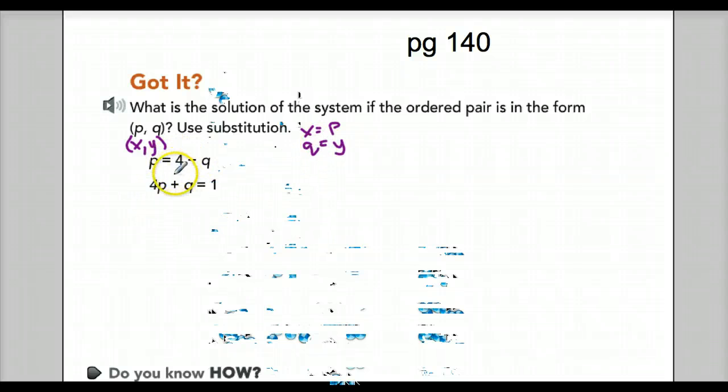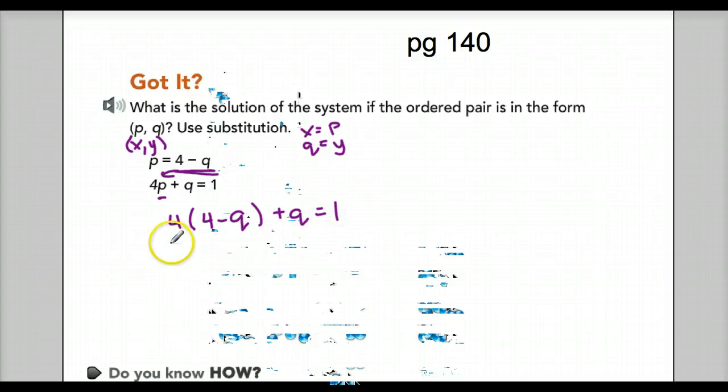So, just like yesterday, we're going to substitute 4 minus Q in for this P. So why don't we go ahead and do that? We have 4 times 4 minus Q. Remember, our P goes away, so this now goes right in for P. Plus Q equals 1.